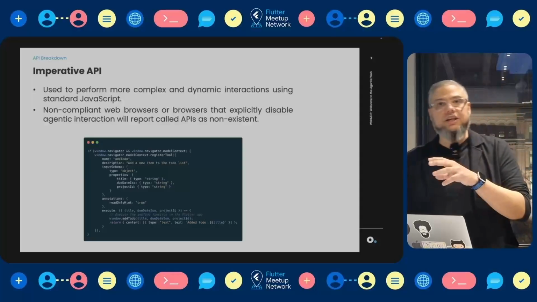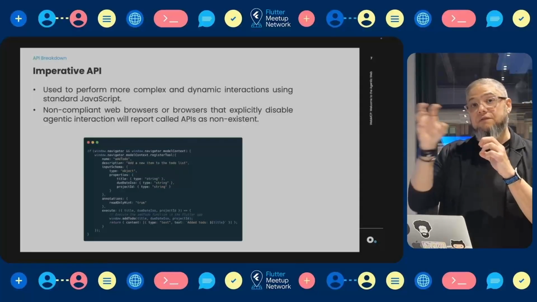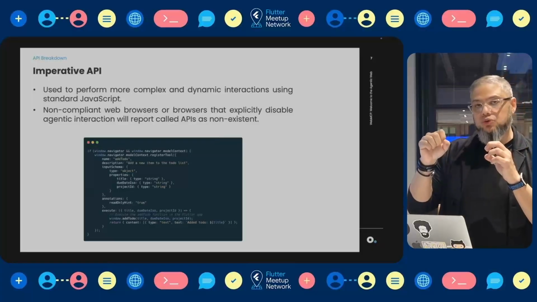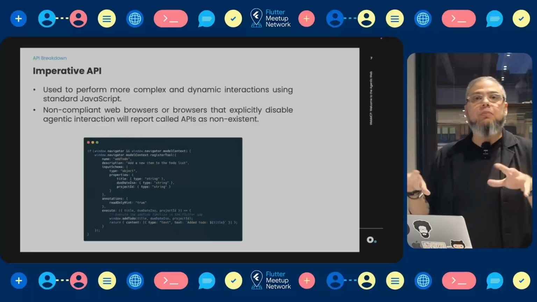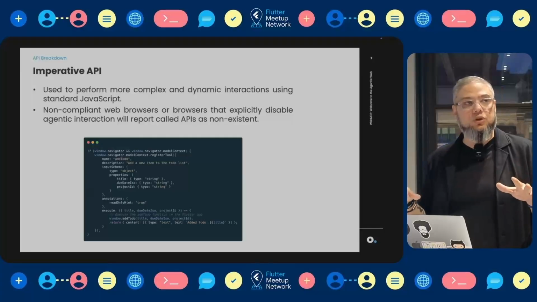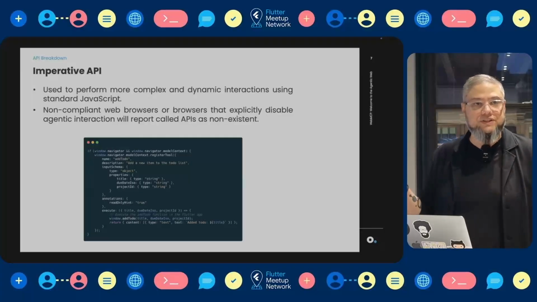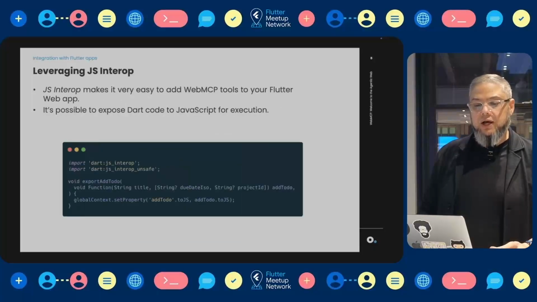This model context is the main object that is going to be invoked to execute the actions of your WebMCP server. A browser that is not compliant with WebMCP will simply ignore this tag and not execute it. That's the way it works.